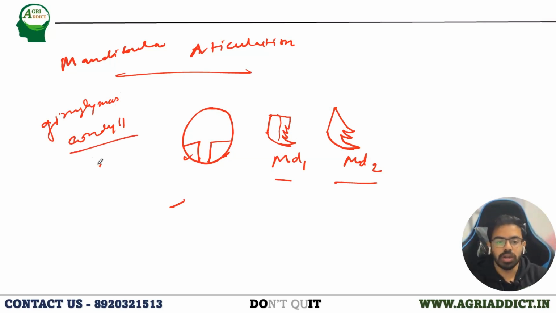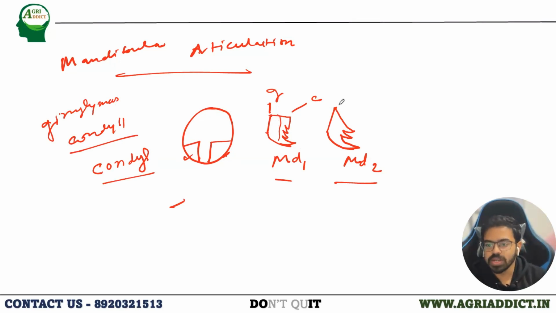Let's write it down a little: ginglymus and condyle. Okay, so you can take that it is ginglymus, it is condyle. Means two different points of articulation are there. Whereas in this case, there is only one articulation, only one point, only this point. No other point of articulation is there. So we can consider it only condyle.